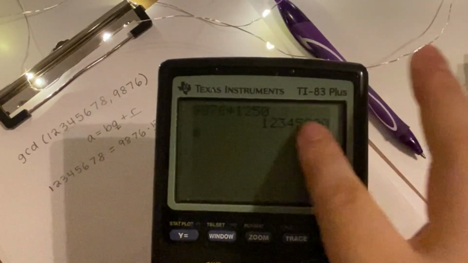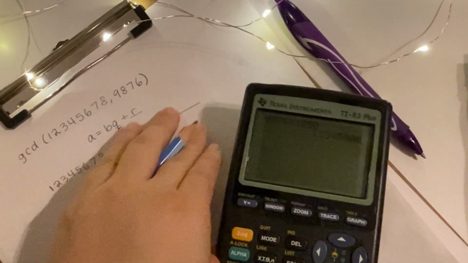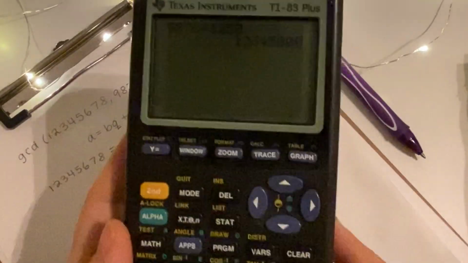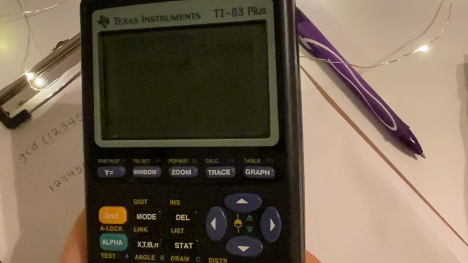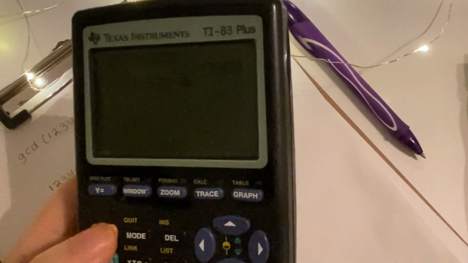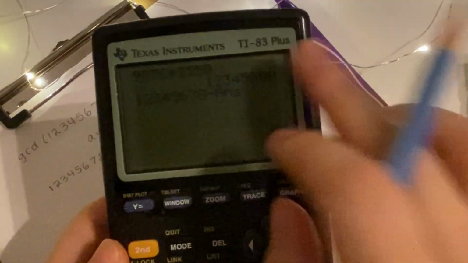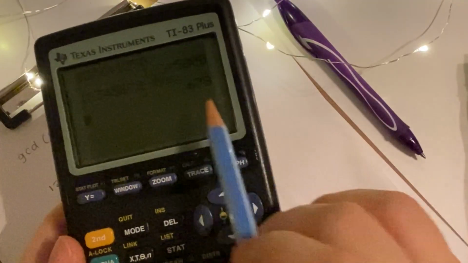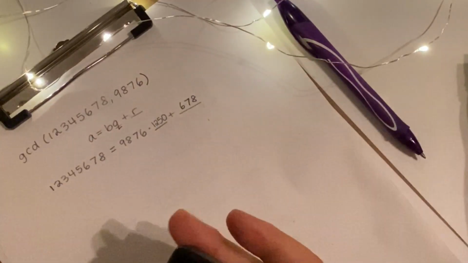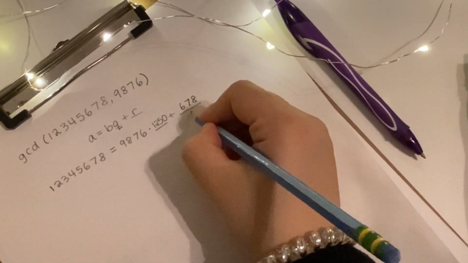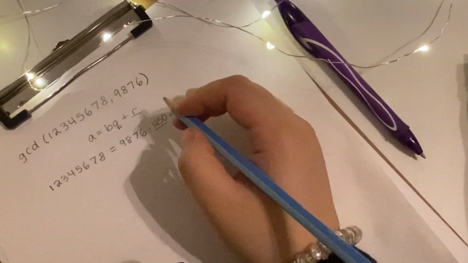That's what we would actually get. So I want to know what the remainder would be. So 1, 2, 3, 4, 5, 6, 7, 8 minus my previous answer to know what the difference is. So that's 678. Nice.